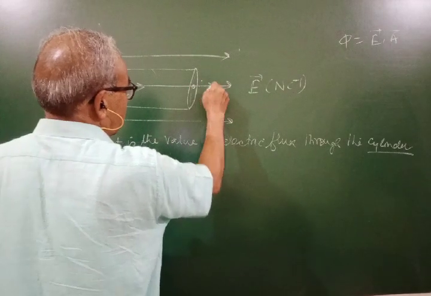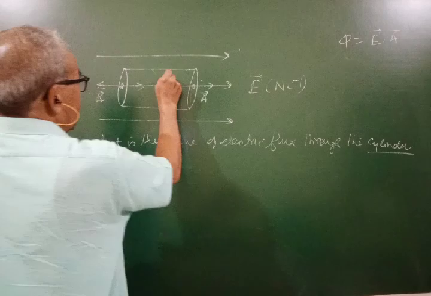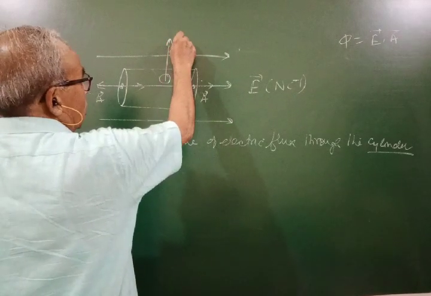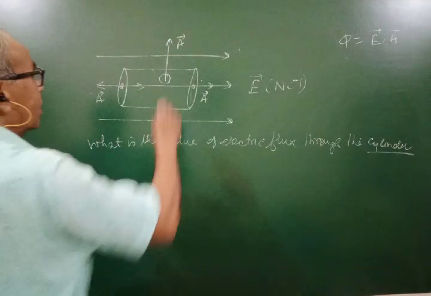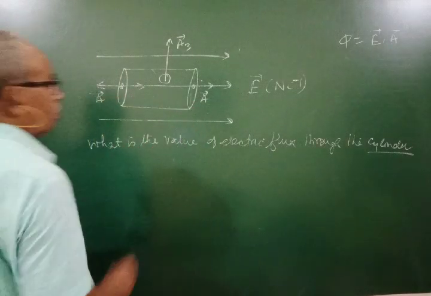Here both E and A are in the same direction. Here this surface area is perpendicular to E. Whatever this area is, I can say A1, A2, A3, and they are equal in size.